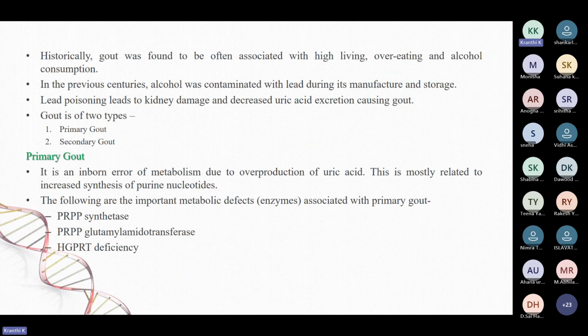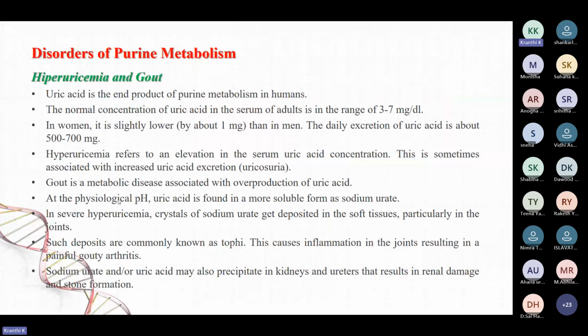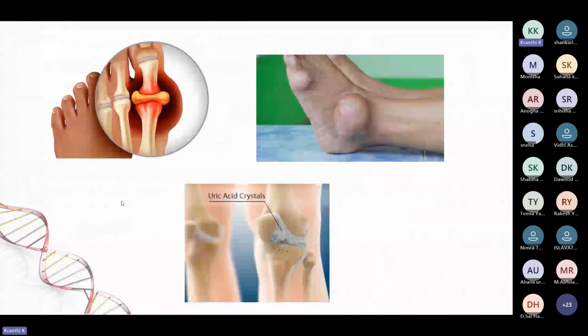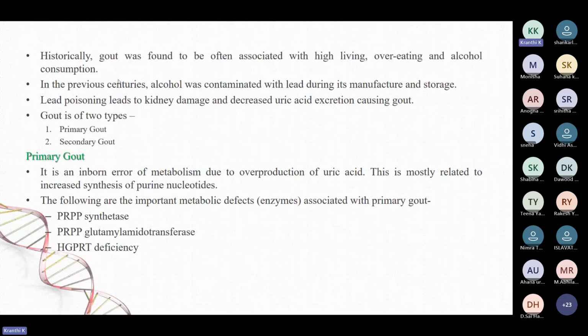Let us see some more content about gout. Historically, gout was often associated with high living, overeating, and alcohol consumption. Why would more uric acid crystals be deposited in the joints with overeating?